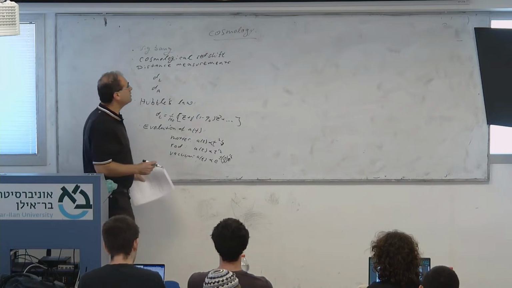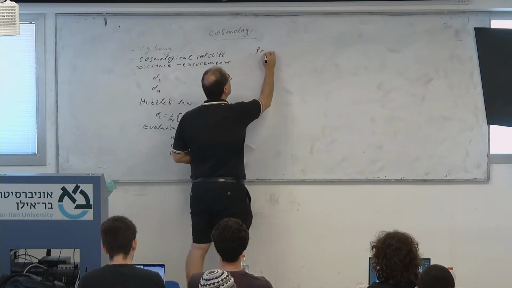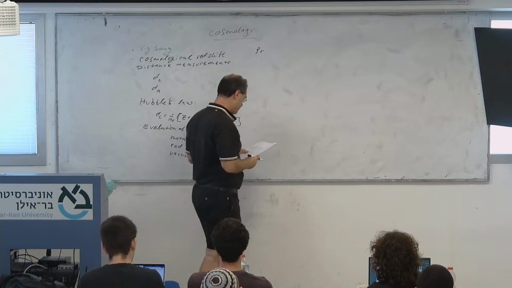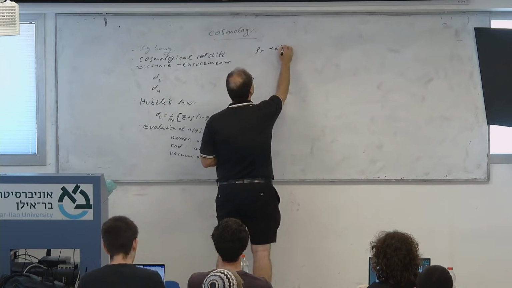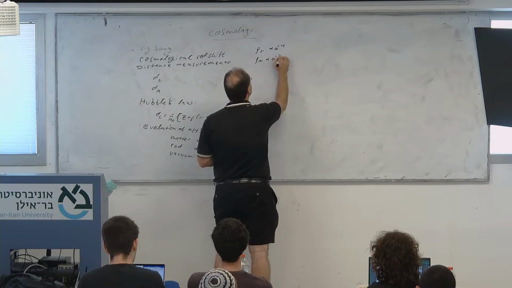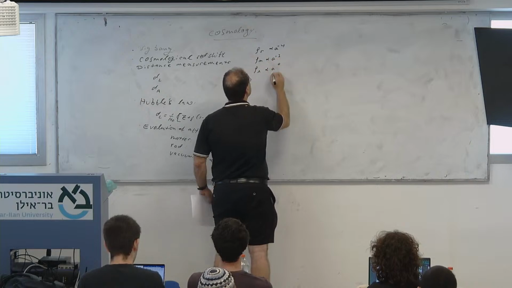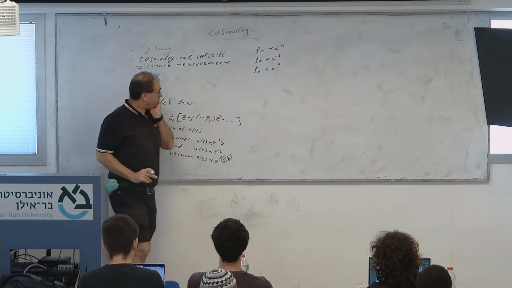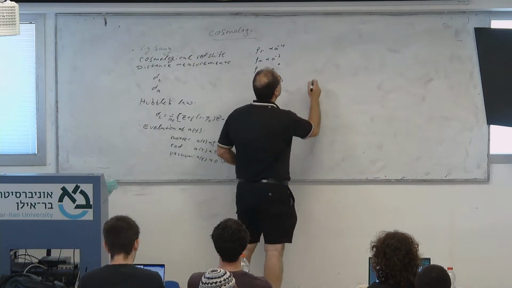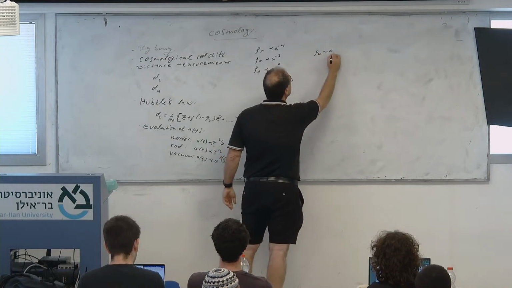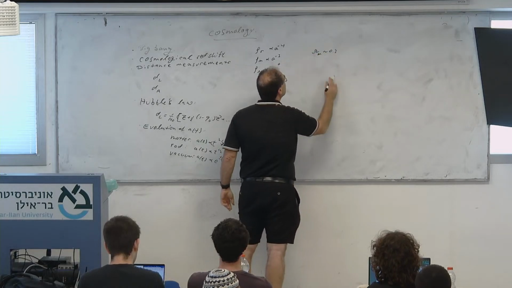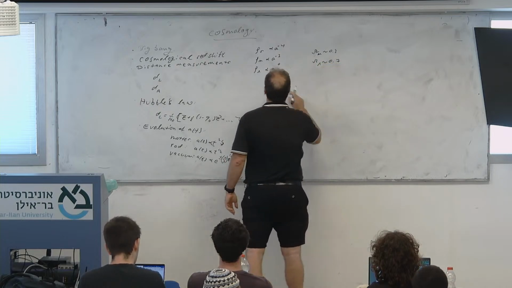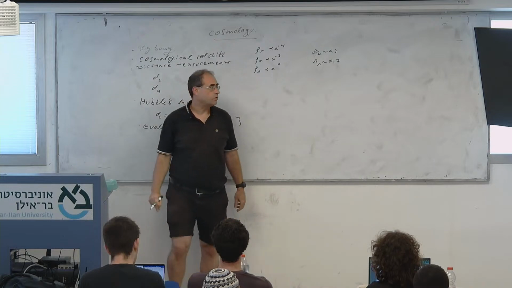Then, of course, the energy densities: rho_r goes as a to the minus 4, rho_m goes as a to the minus 3, rho_lambda goes as a to the 0. And we specified that today omega_m is around 0.3, omega_lambda is around 0.7, and omega_radiation is very, very small.